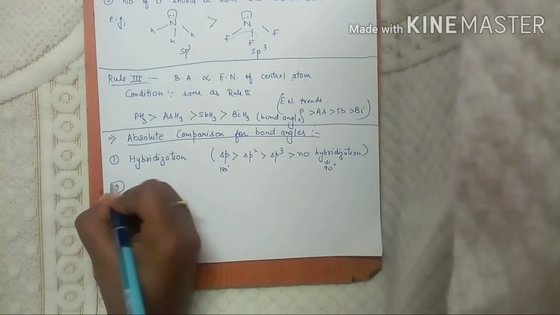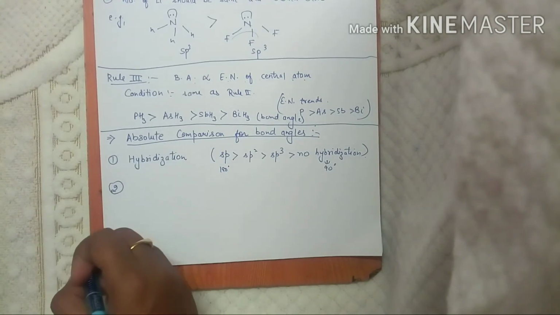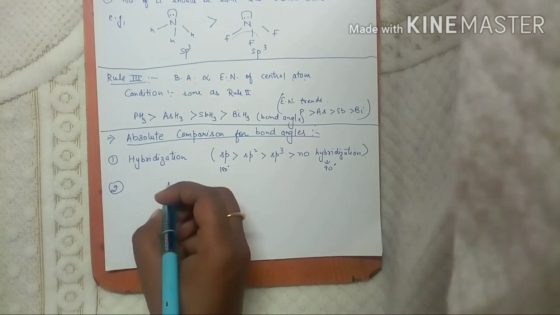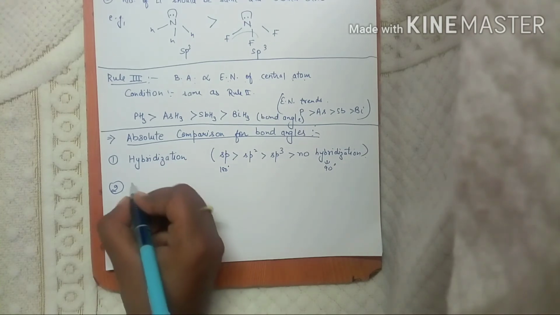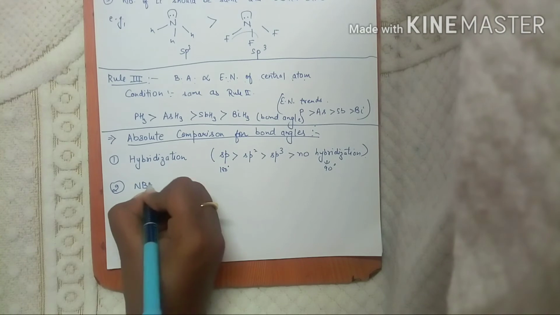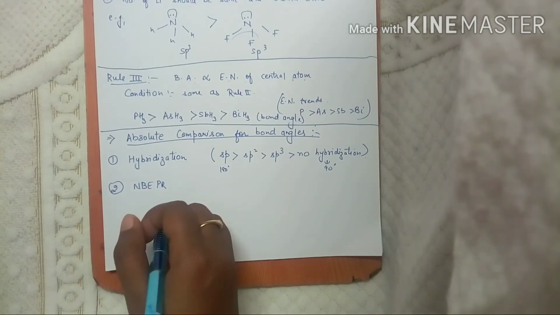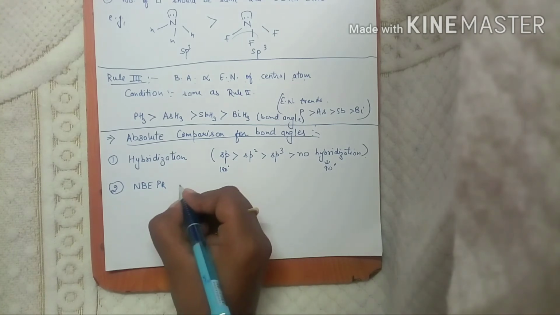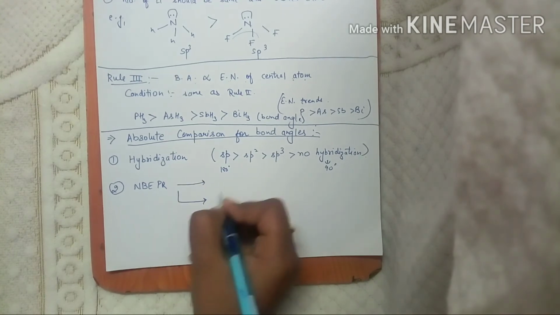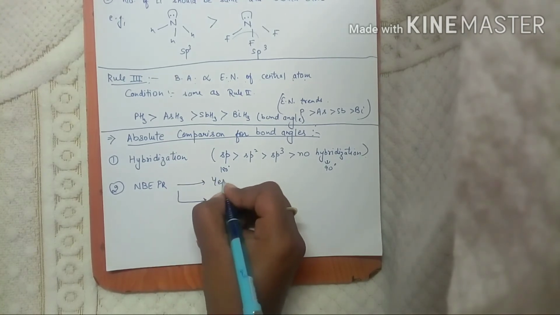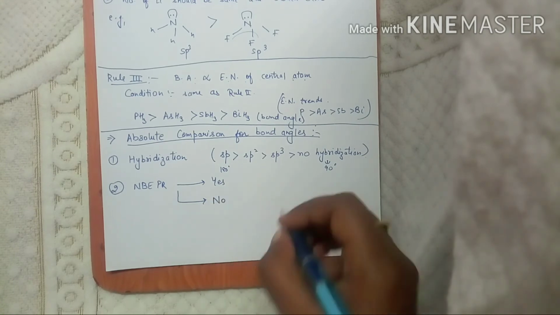Second, if the molecules have the same hybridization, then amongst those molecules go for NBEPR. Just see whether non-bonding electron pair repulsions are dominating or not. There will be two cases: yes, they are dominating, or they are not dominating.